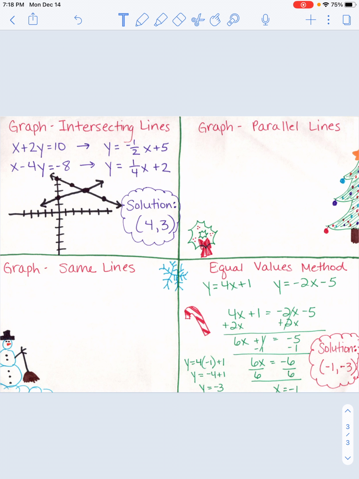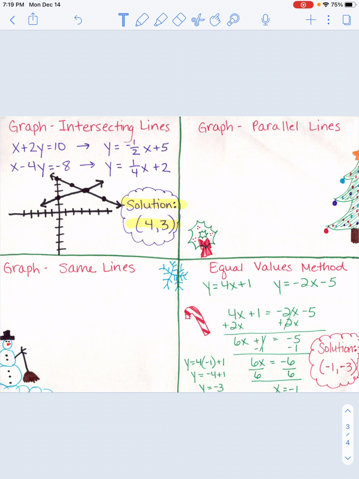So what I did is I picked a system of equations. I made sure they were both in slope-intercept form so that I could graph that. When you graph that with the slope and y-intercept, you will find that it intersects, and you have to tell me where it intersects, this solution right here. You will have a solution in every single box because we need to make sure that you get the right answer.